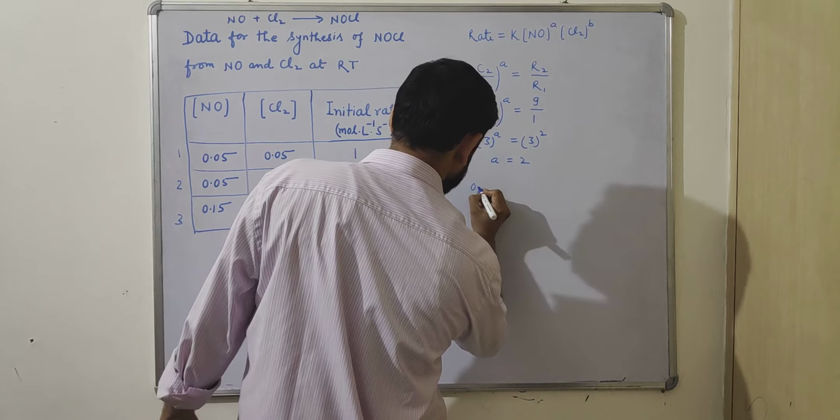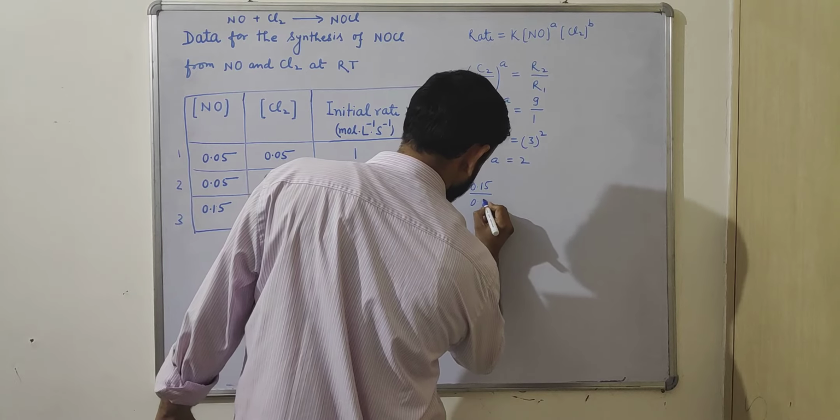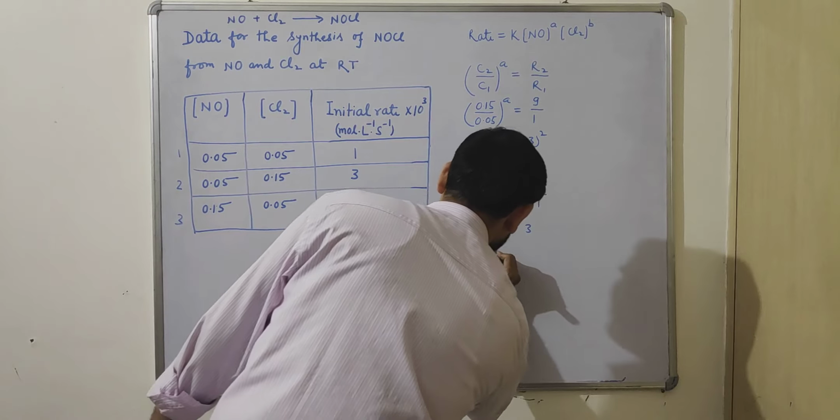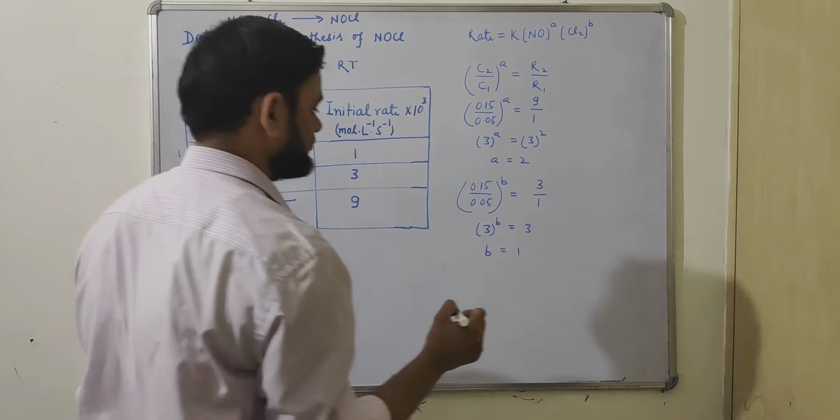So 0.15 divided by 0.05 raised to the power B is equal to 3 upon 1. So 3 raised to the power B will be equal to 3, or we can say B is equal to 1.